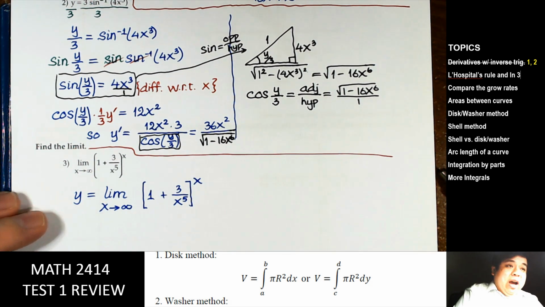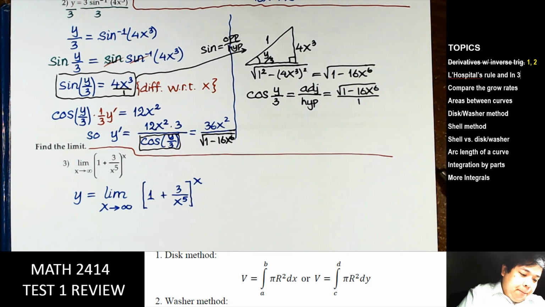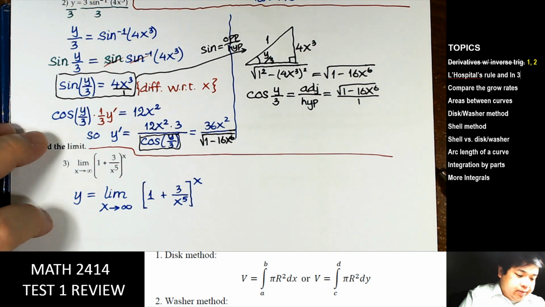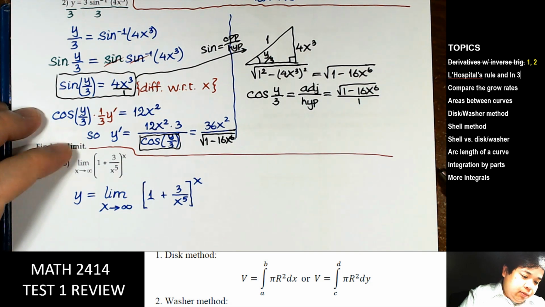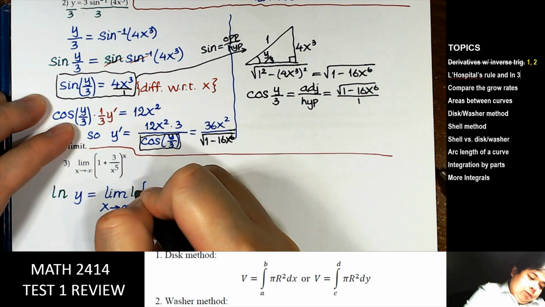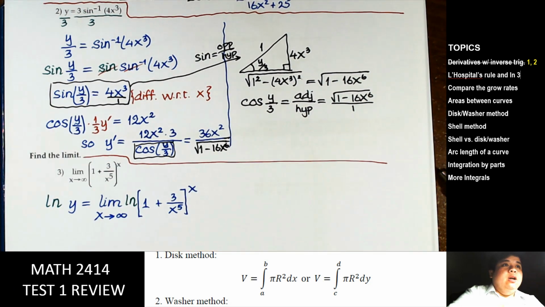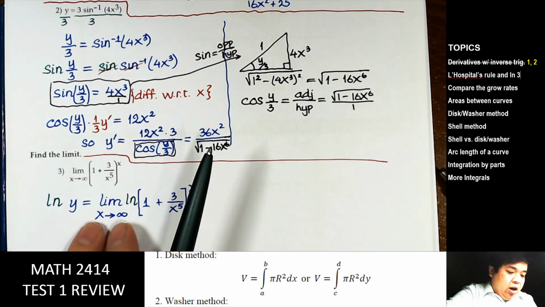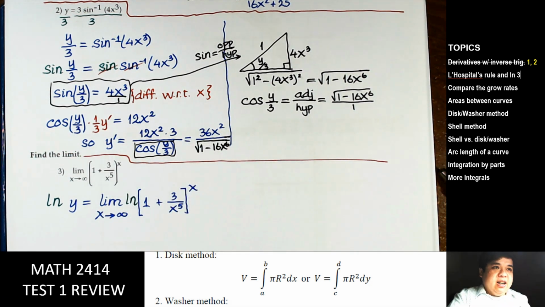Next, we will take the ln on both sides, the natural log on both sides. For the natural log, we can just wedge between the limit and that.